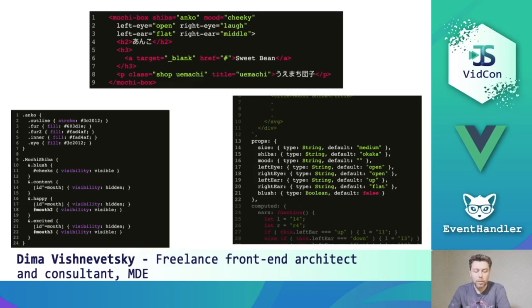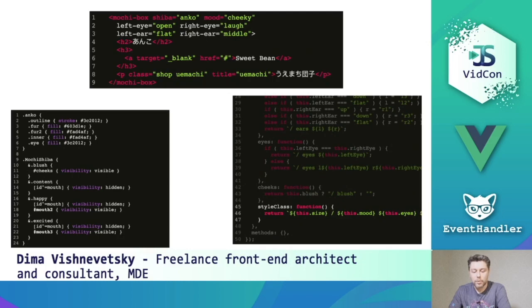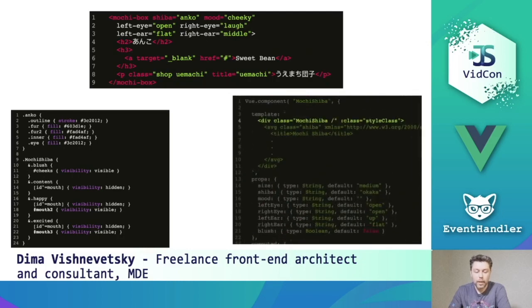And on the bottom right, we can see the props that we can accept to generate the different variations of dogs. So we have the props, we have the calculation of the style classes depending on the props. Here we apply the different CSS classes, and then we just show the whole SVG with some of the parts hidden and some of the parts visible.